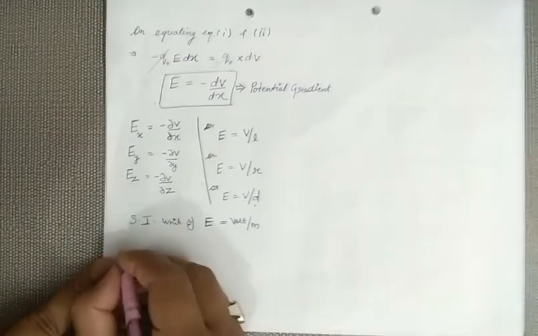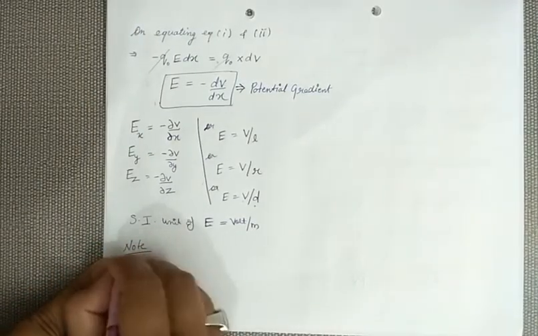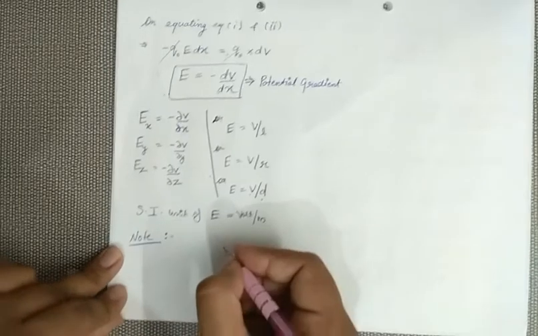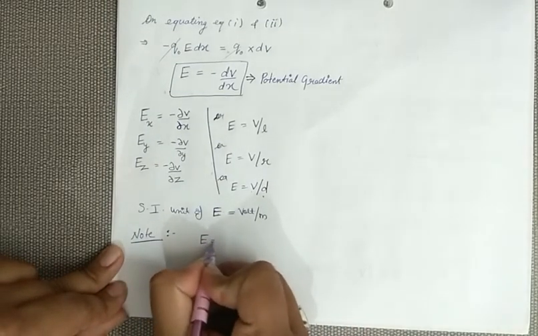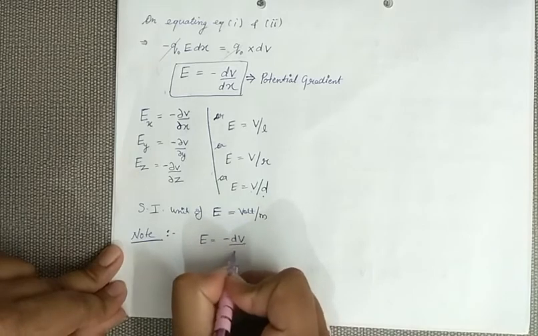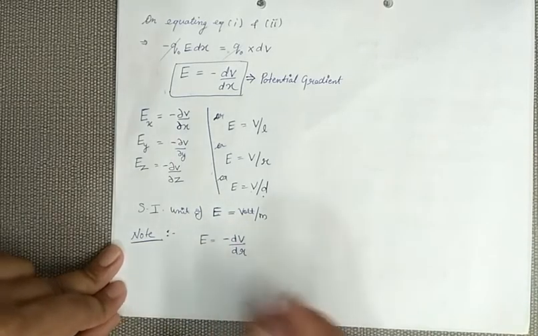One more thing you can learn from this expression. See, electric field is given as minus dV upon dr. Instead of x, I just take r.